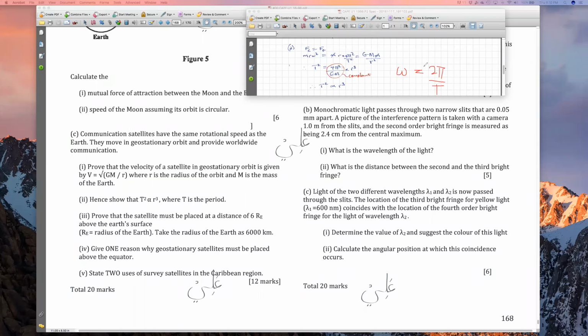So we can then replace omega by 2 pi over T. That's it there. The m's will cancel out, and we put the equation in terms of T squared. So T squared is equal to, and we said this was a constant, 4 pi squared over G M, times r cubed. They are all constants. So if you have T squared is equal to a constant times r cubed, we consider T squared is proportional to r cubed.